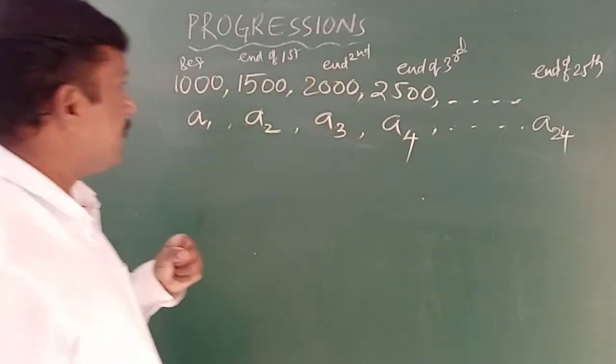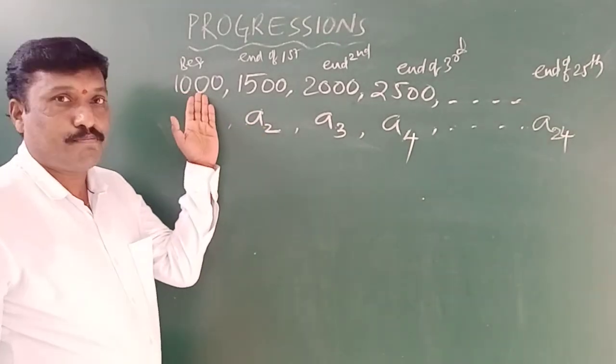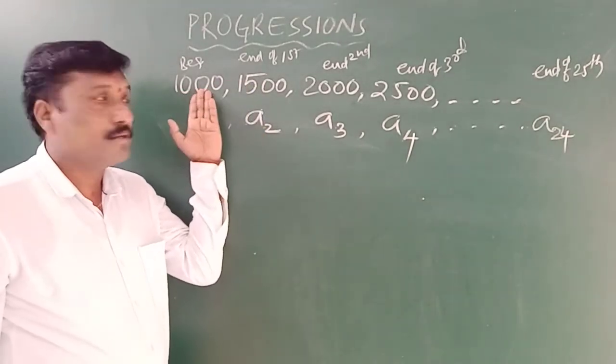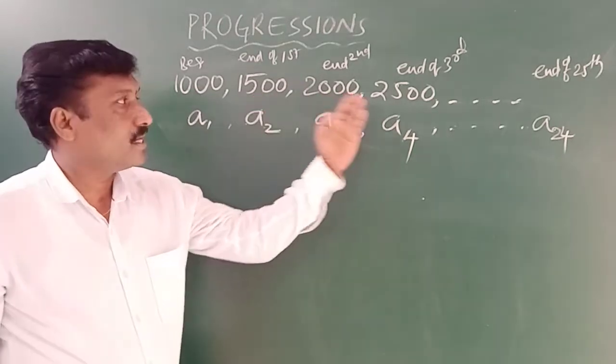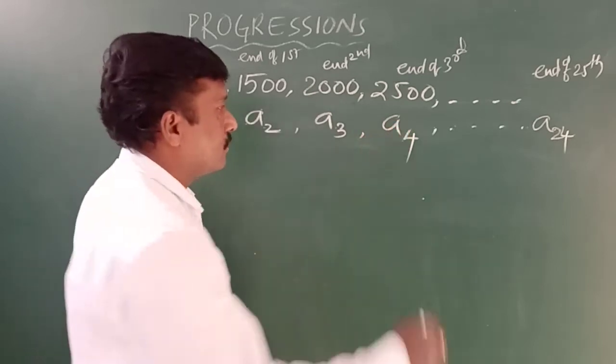Now, you can observe here, in every case the common difference is the same: 1500 minus 1000, 2000 minus 1500, 2500 minus 2000. They are in AP.